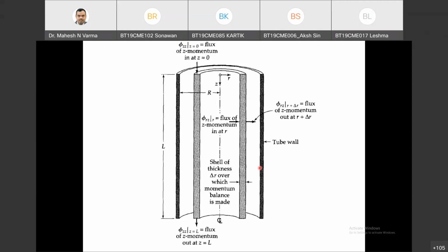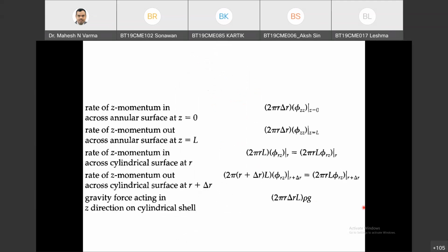Sir, volume will be 2 pi r into length into delta r. Very good. I am talking about the volume of this differential shell, not the volume of a cylinder. If that is there, the problem is solved actually.